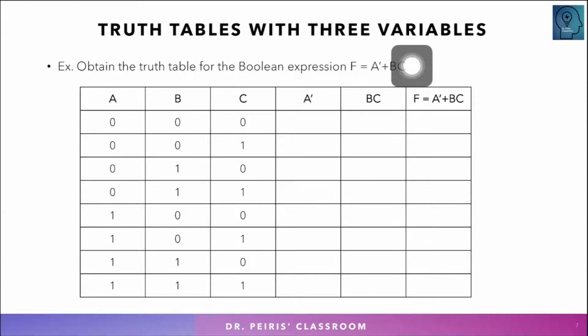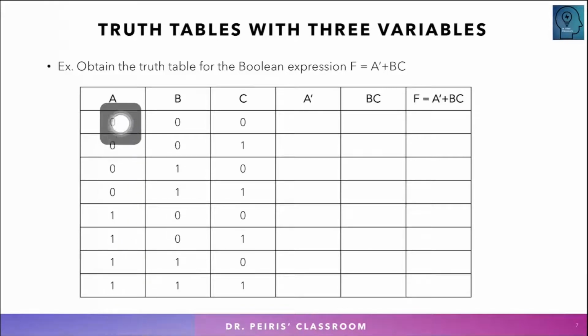As I explained before, to find the number of different combinations, we do 2 raised to the number of inputs. In this case it is 2 raised to the 3rd power, which means we're going to have 8 different combinations. So you see that there are 8 rows here corresponding to the 8 different combinations.